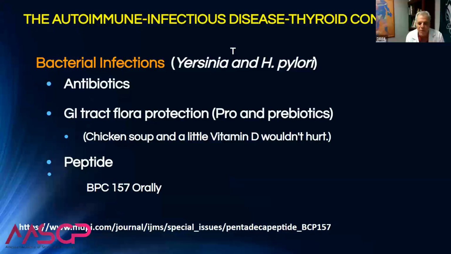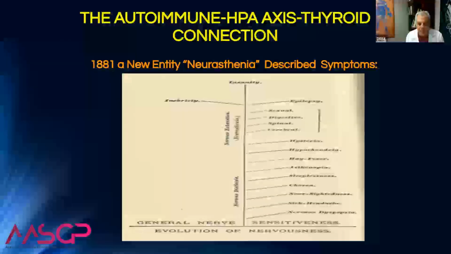We like BPC 157 orally and also sub-Q. We actually use that as part of our weight loss formula with semaglutide, and it's quite effective in combating bacterial infections. And now we're going to talk a little bit about cortisol and stress hormone.